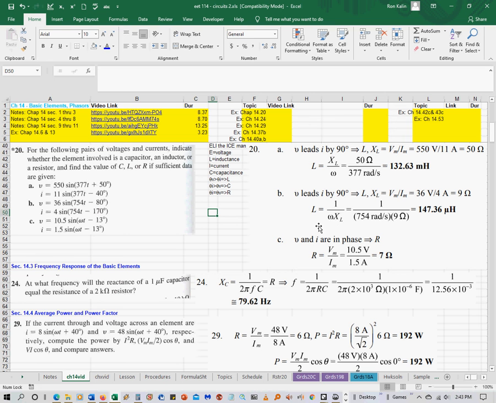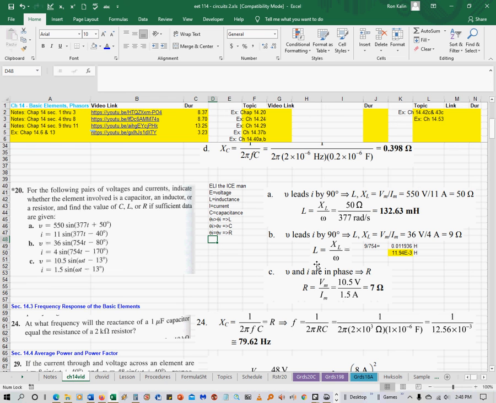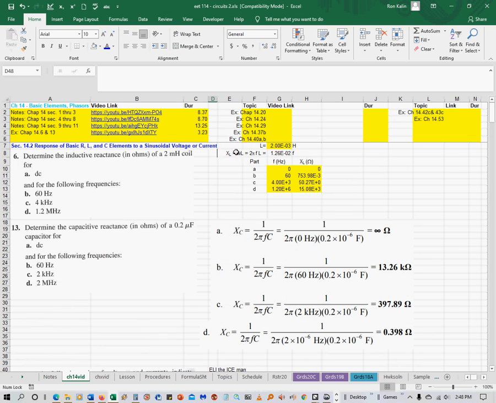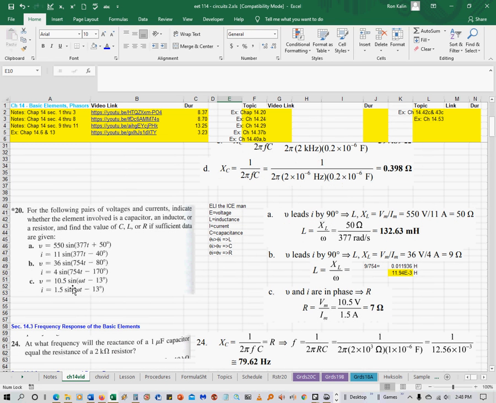Okay, so there was a typo on here. I had to fix it. So in part B, it's also inductive. And X sub L ends up equal to 9 ohms. So again, using this formula up here, X sub L equals omega L equals 2 pi f L. So we know what omega is.